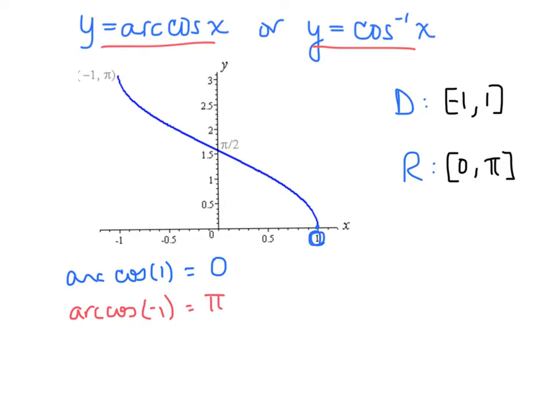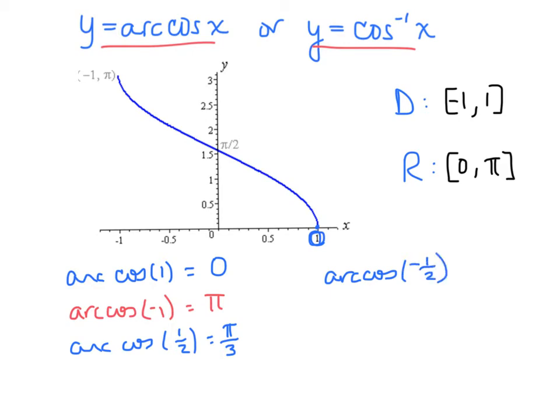All right, let's try arc cos of 1/2. So cosine of what angle equals 1/2? Hopefully you know that's 60 degrees, and so that would be pi over 3. And what if I were to ask you the arc cos of negative 1/2?